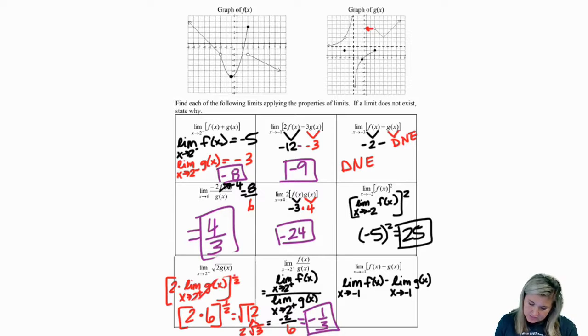Yes, negative 6. And then minus what we get with g of x as x approaches negative 1, and you get negative 1. Negative 6 minus negative 1 ends up being negative 5.